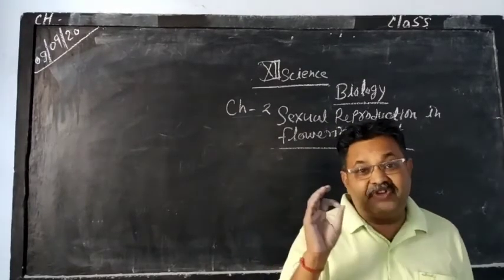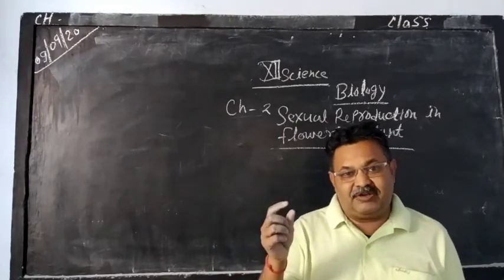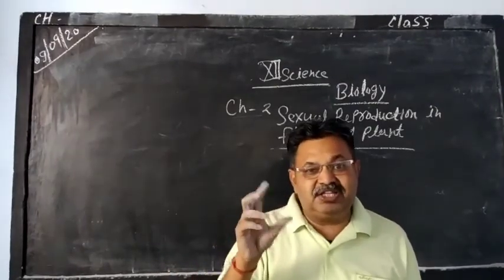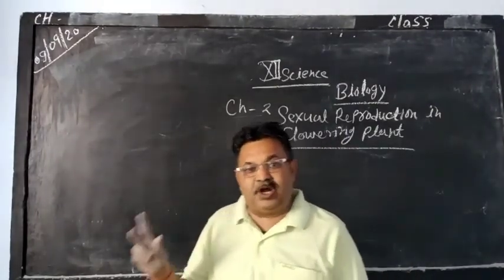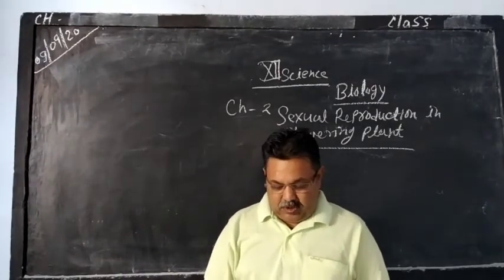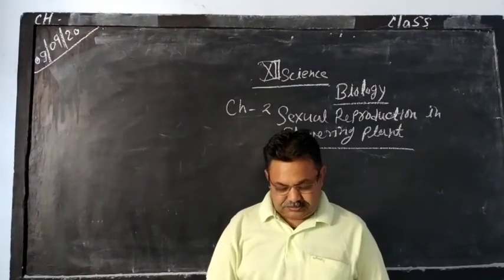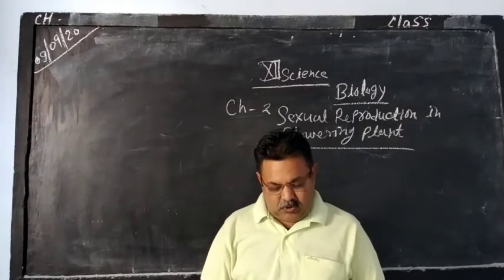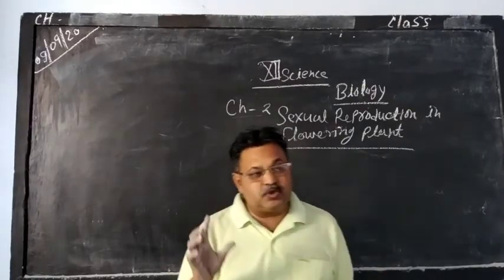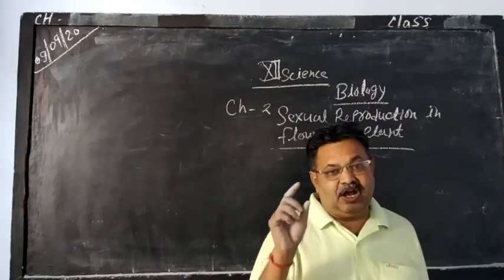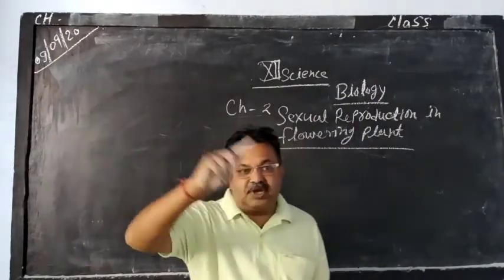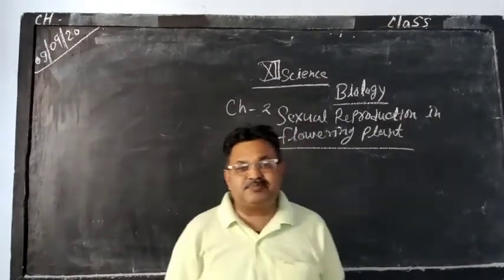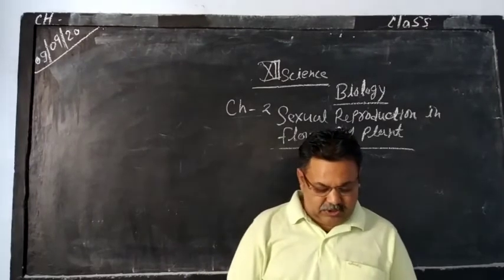When pollen grain of a flower comes on the stigma of the same flower, then this phenomenon is known as self-pollination or autogamy. Then geitonogamy. Geitonogamy means the pollen grain of one flower comes on the stigma of another flower, and this process is known as geitonogamy.